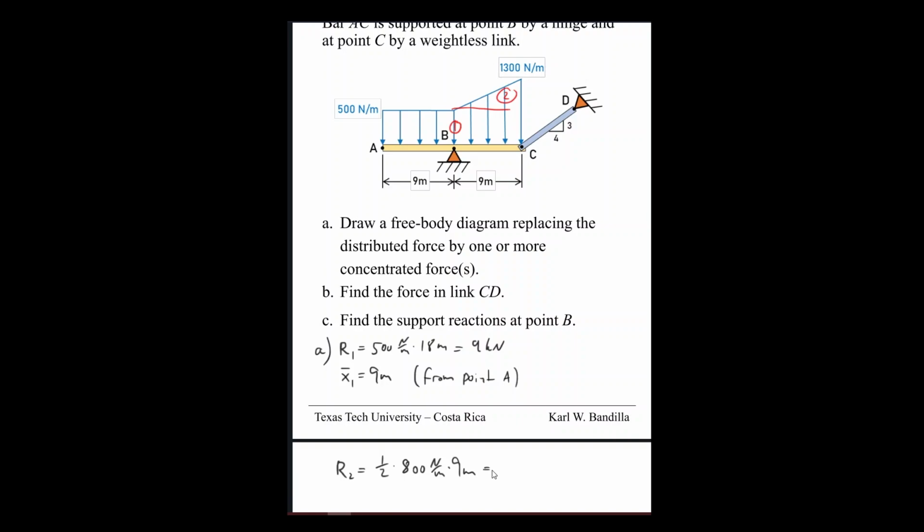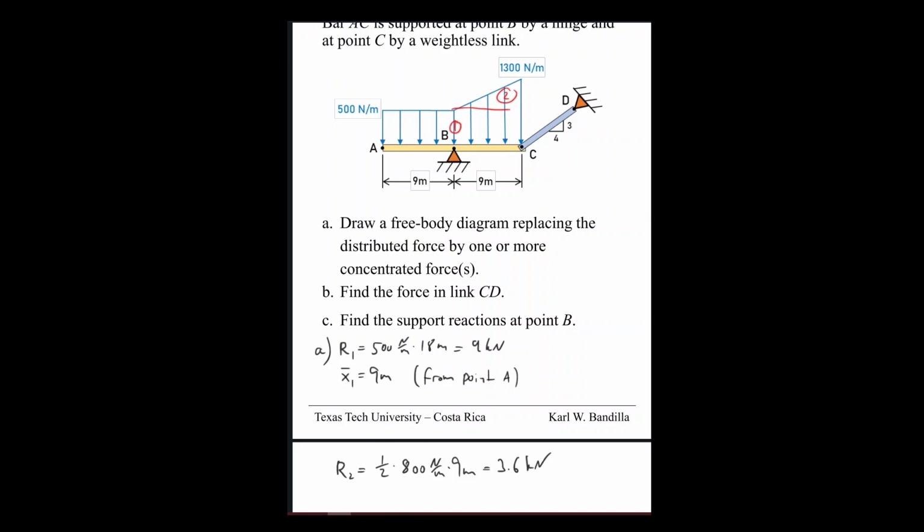And that gives us 400 times 9, so it'd be 3,600, so 3.6 kilonewton. That looks a little strange. Let's clean that up a little bit. Kilonewton. All right. And then the location is going to be 2/3 from this point.